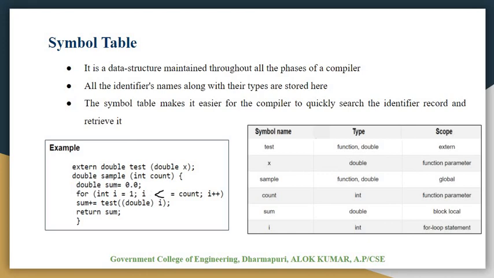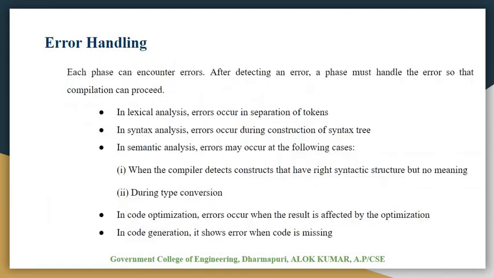Next is count, and here integer is the type and function parameter is the scope. Next is sum, the type is double and that is block local. And next is I, type is integer and that is for loop statement. So this one is the symbol table for this example.